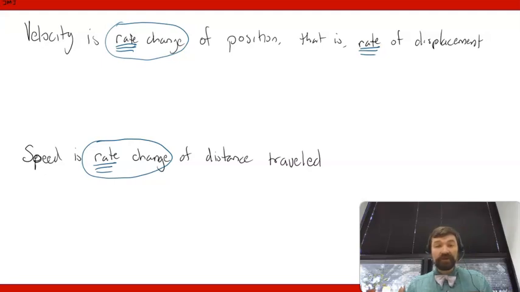So in equation terms, in an algebra-based physics course, all that we can do is basically say that velocity, which we represent with a v with a little arrow over it, and then position, which we represent as an x or y with an arrow over it, and displacement, delta x or delta y.